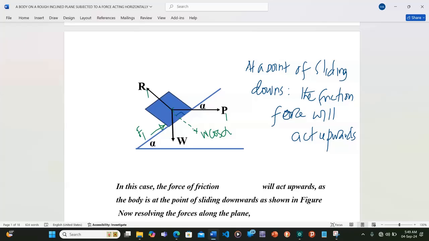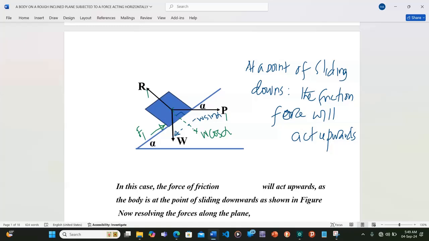Then we also have a component of weight that counterbalances or produces the normal reaction, and that is W cos alpha. Another resolution will also show that the W sine alpha also points in this direction. Of course, that will be the other component of weight of this body.